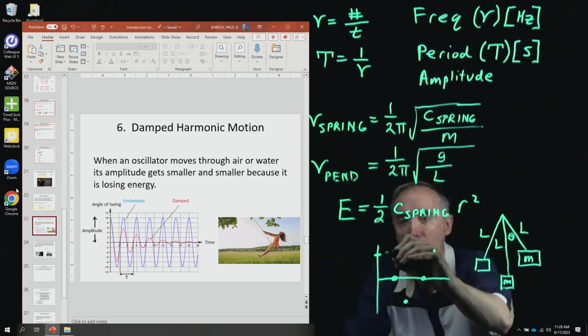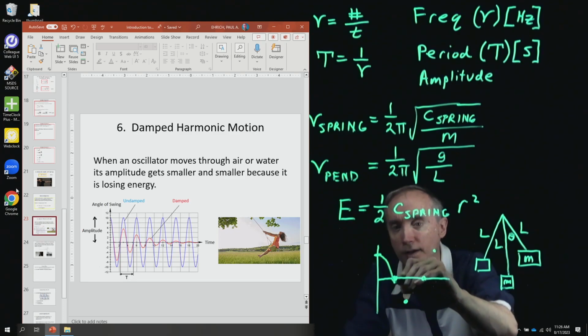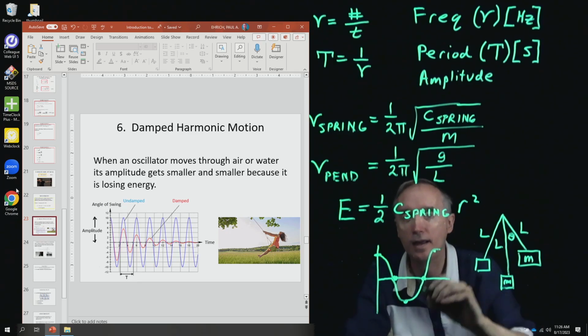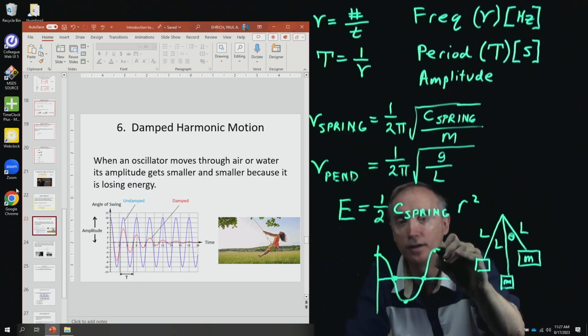If we were to graph this, it would be going down like that, and then up like this, and then up like that, and then it would continue. So let's continue this thing down, and then going back up again.